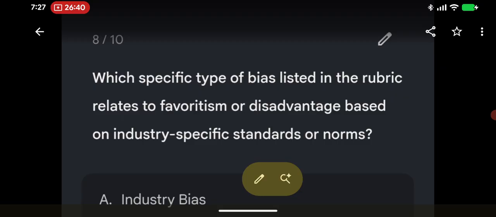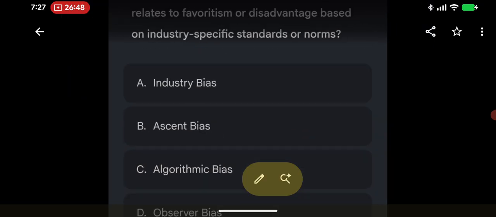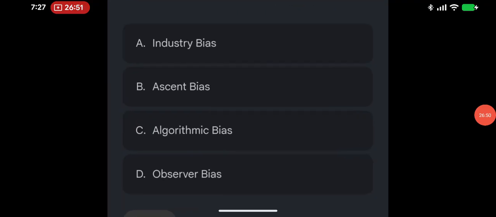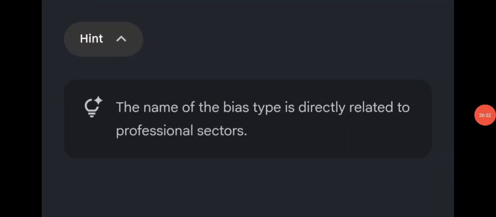The next question. Which specific type of bias listed in the rubric relates to favoritism or disadvantage based on industry-specific standards or norms? Here are the options, and here is the hint.